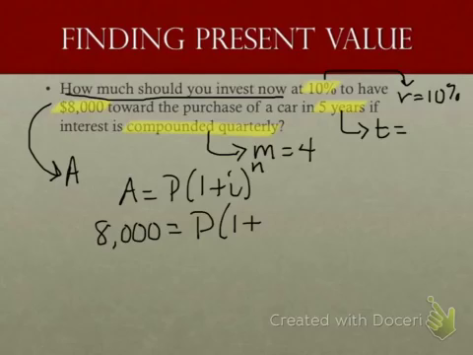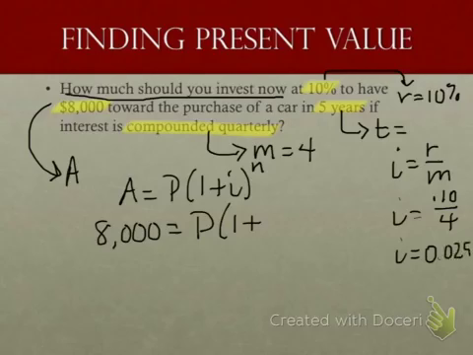I, remember, we get I from taking rate divided by the M. So in this case that means taking the 0.10 divided by 4, which means I is going to be 0.025. So that's what's going to go in here.